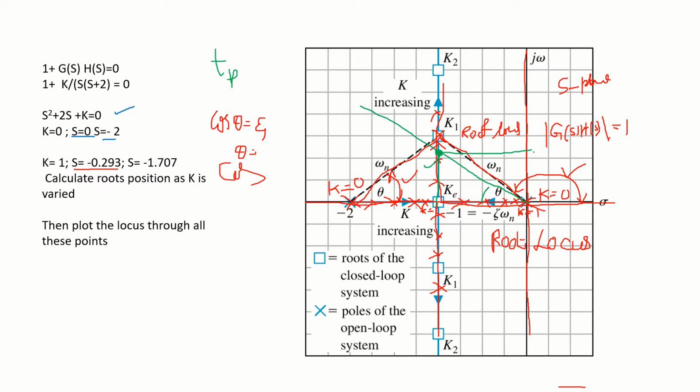Omega d is nothing but omega n under root 1 minus zeta square, and zeta is known. Omega d we can read from here. We can find omega n also. So Tp is nothing but pi by omega d.